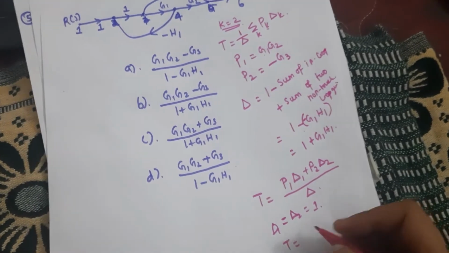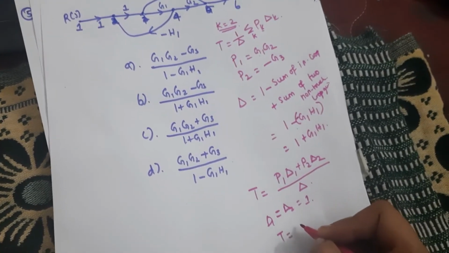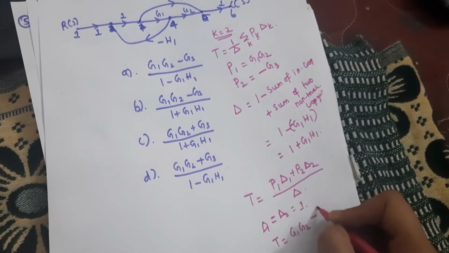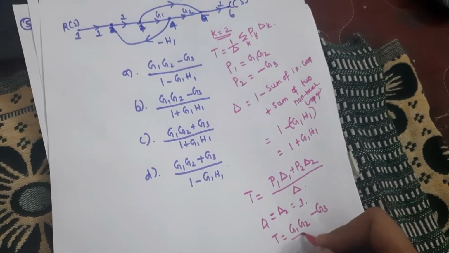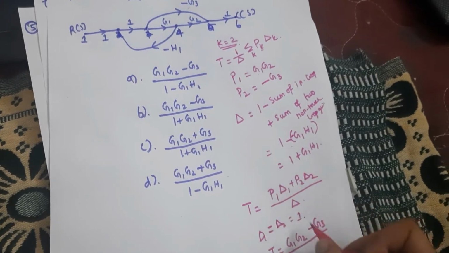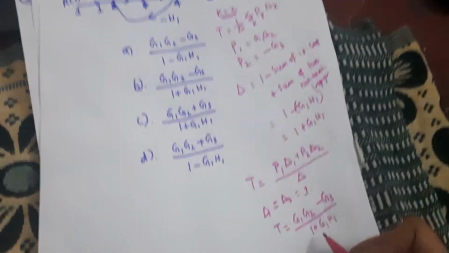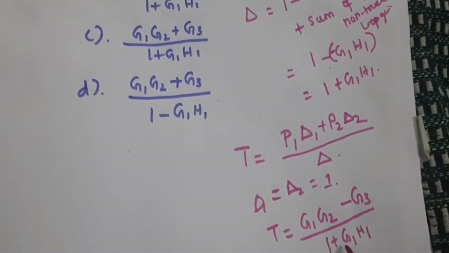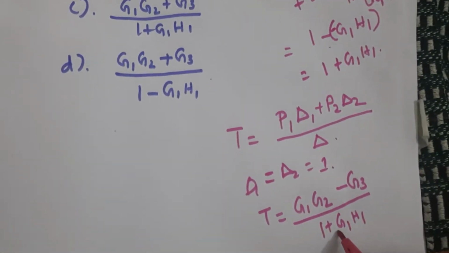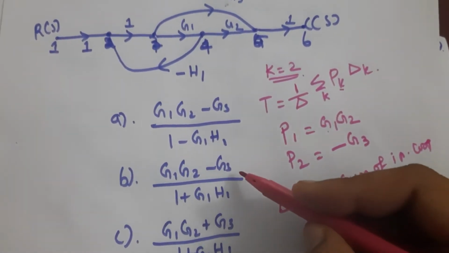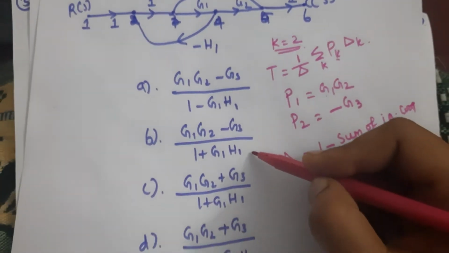So the transfer function here is p1 is g1 g2 and p2 is minus g3, divided by del, which is 1 plus g1 h1. So this is the transfer function of the given control system. The answer is g1 g2 minus g3 divided by 1 plus g1 h1.